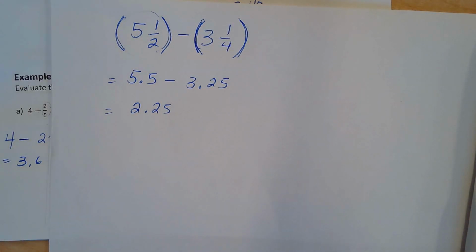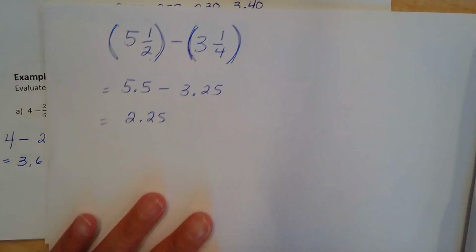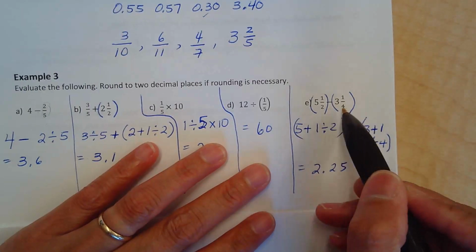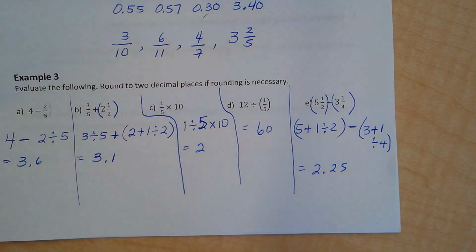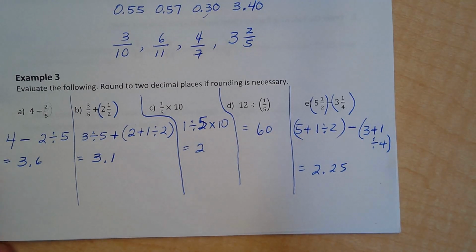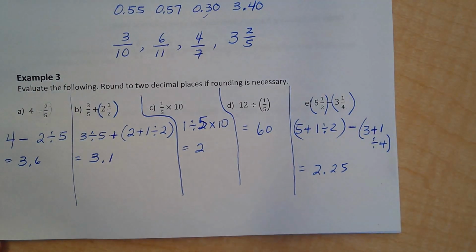Yeah, because this one here didn't have a bracket to begin with. And I just want to make sure the calculator understands that they are a mixed fraction. They're together. Okay, awesome.